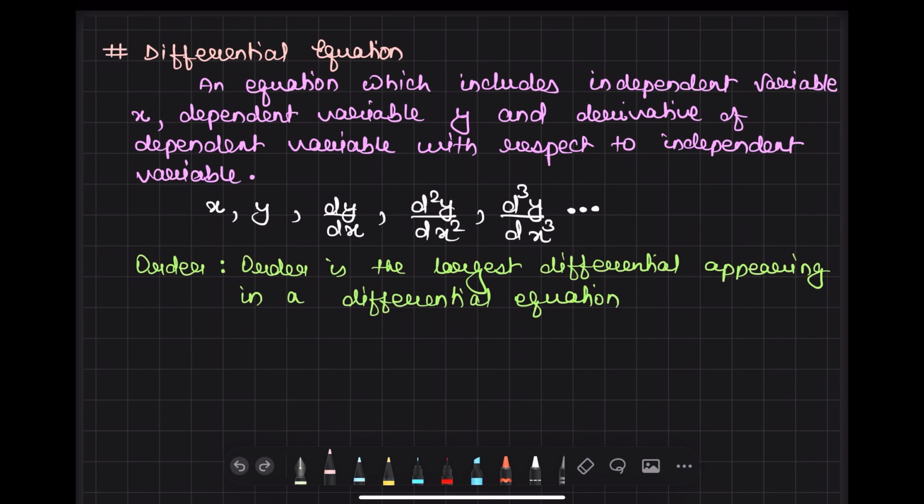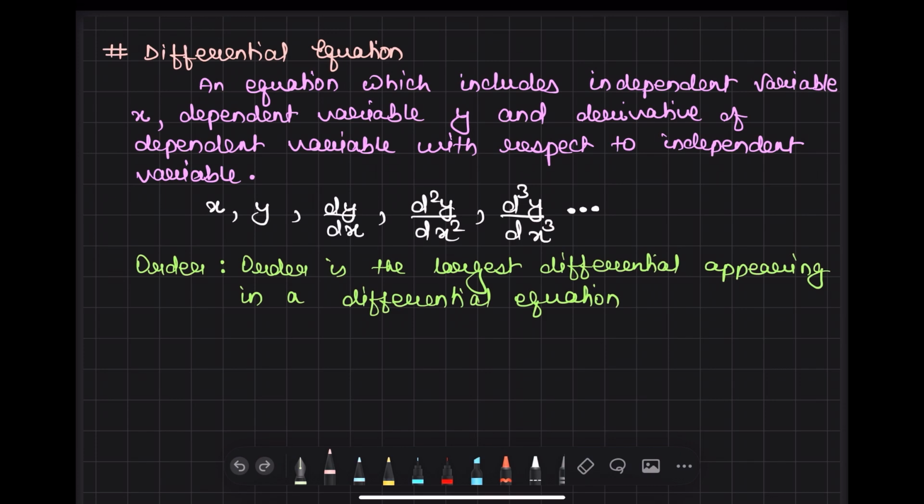Order is the largest differential appearing in the differential equation. I will give you a differential equation, and the largest differential appearing, meaning dy by dx, d2y by dx square, d3y by dx cube, will decide the order. Do you remember we used to talk about the degree of a polynomial?